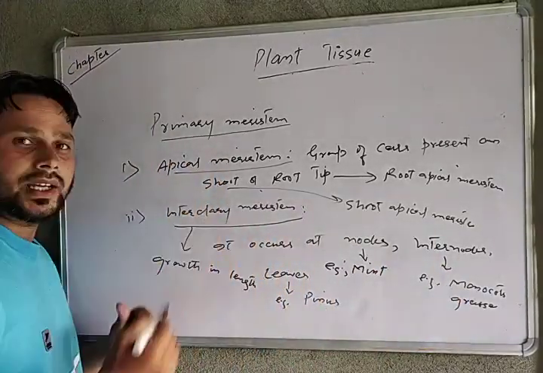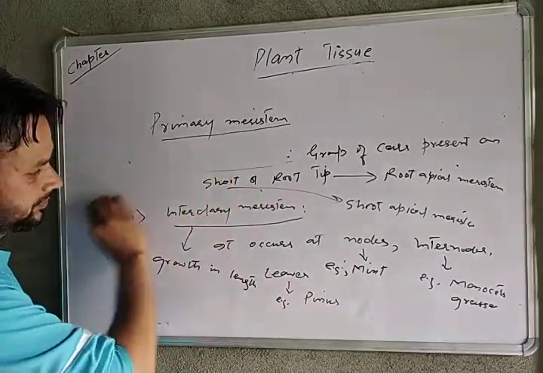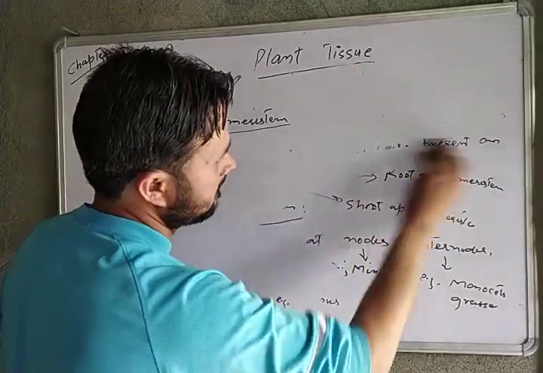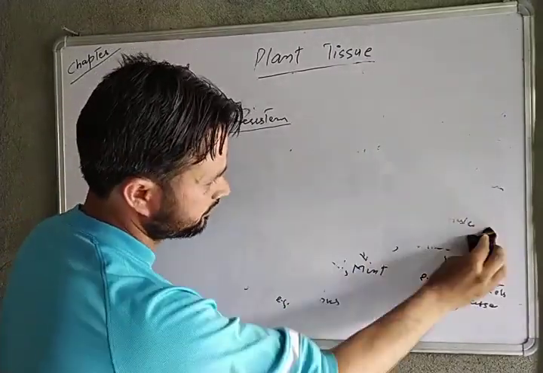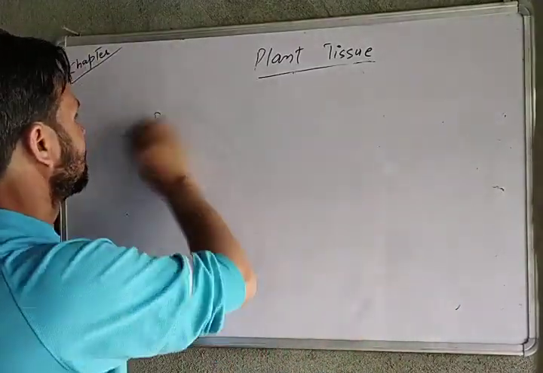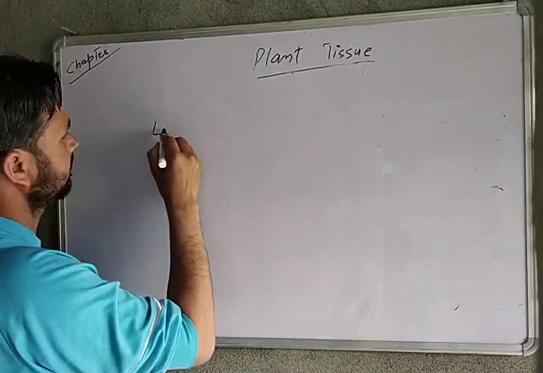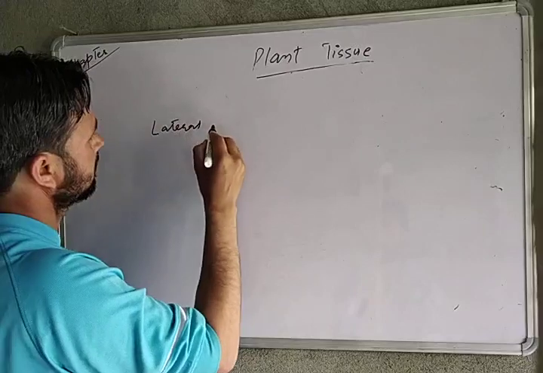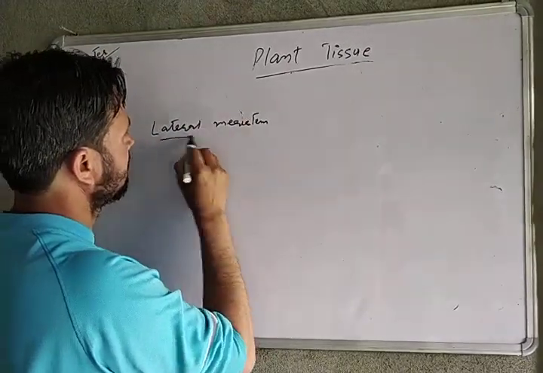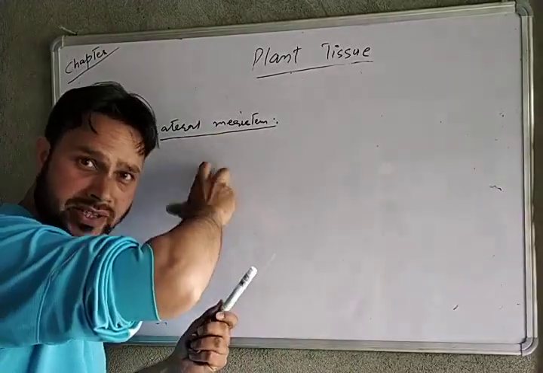This is intercalary meristem. Now lateral meristem. This is a type of meristem.